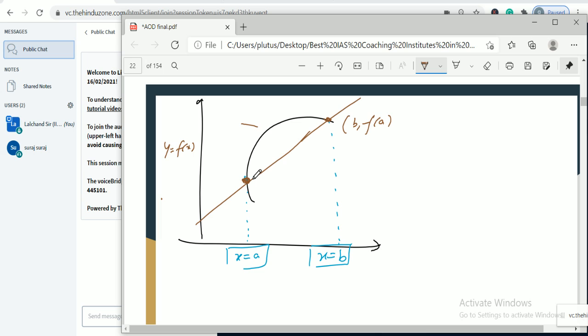Can anyone tell me the coordinate of this other point? Sorry, this is a. The coordinate of this point will be a comma f of a, isn't it? So, can you tell me the slope of this line?